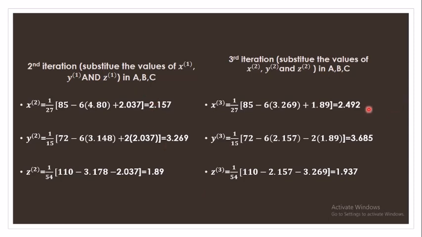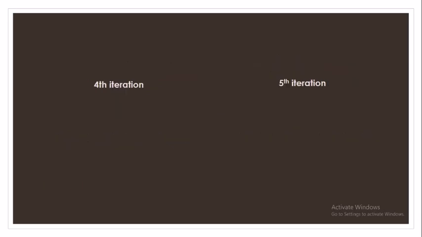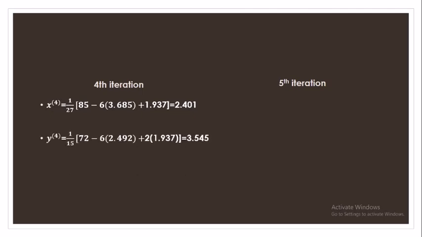Since these are not the same, I'm moving forward with another iteration. So the fourth iteration, the value of x4 is 2.401, which is not similar to x3. Y4 is 3.545, again it is not similar. Z4 is 1.925, which is also not the same as z3.